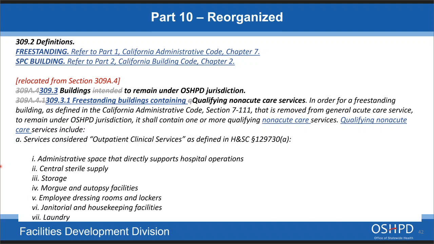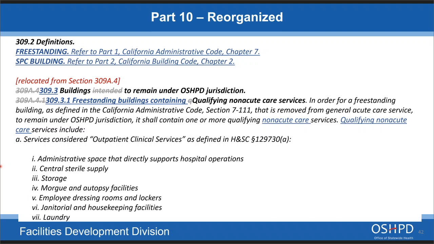And to qualify for non-acute care services, they must be considered outpatient clinical services. And as listed here, these are some examples of what would be considered outpatient clinical service. You have administrative space, central sterile supply, storage, morgue, employee dressing room and locker rooms, janitorial and housekeeping, and laundry.